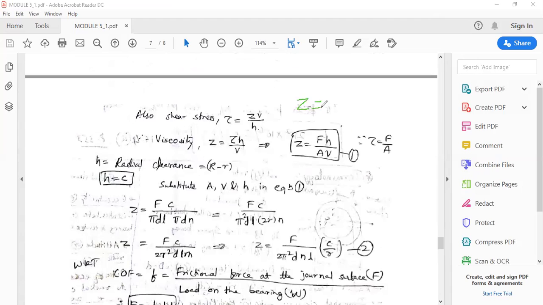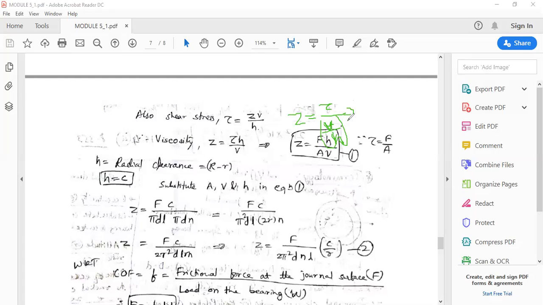Absolute viscosity is given by the rate of shear stress divided by the rate of shear strain, or the velocity gradient, that is V by H. So the absolute viscosity definition is given by the shear stress divided by the velocity gradient, V by H.